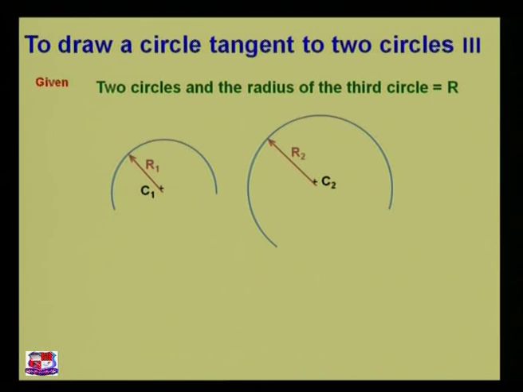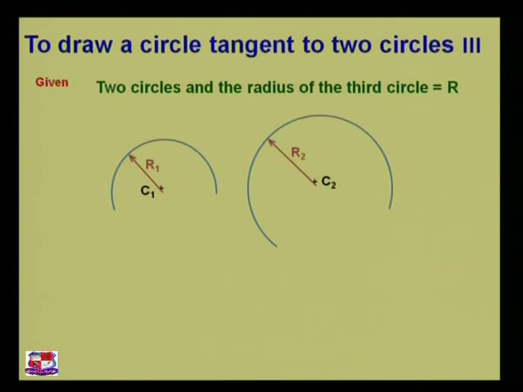Another method. There are various methods to draw a single object. Our objective is the same. We need to draw a circle which is tangent to two circles. Also, the radius of the third circle is given as r. Please note that our objective is the same, but various methods are implemented, so that if you forget one method, you can remember another method, or vice versa.